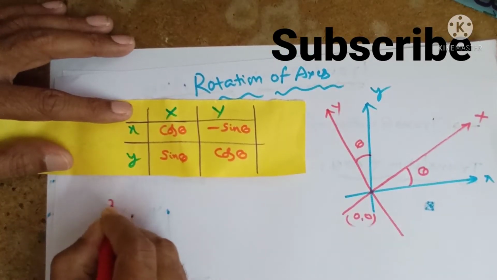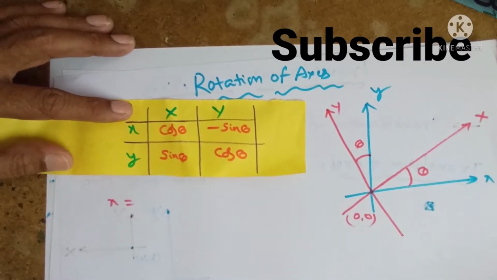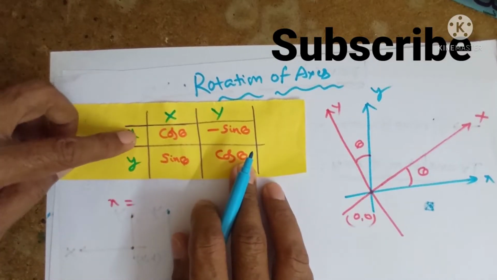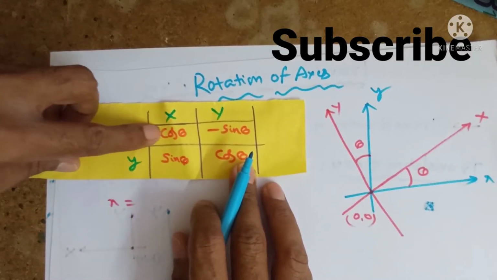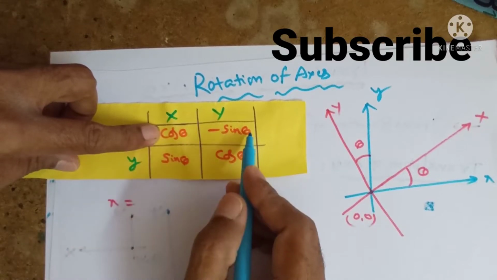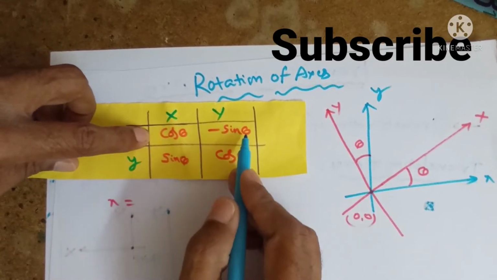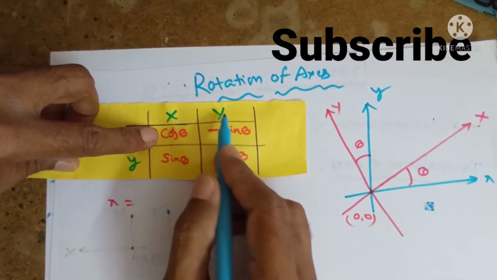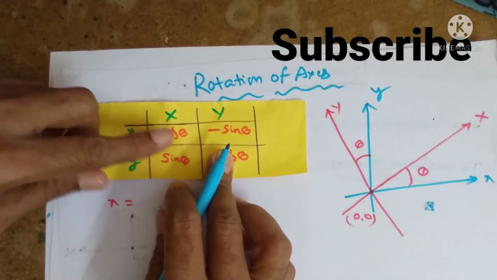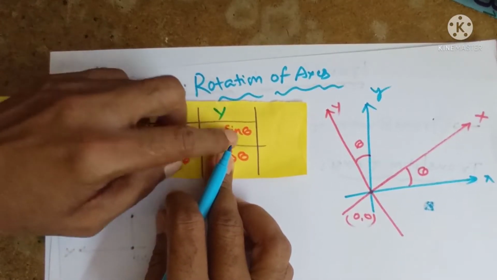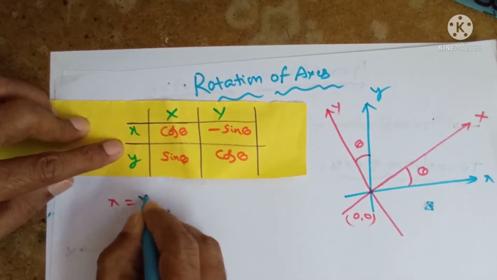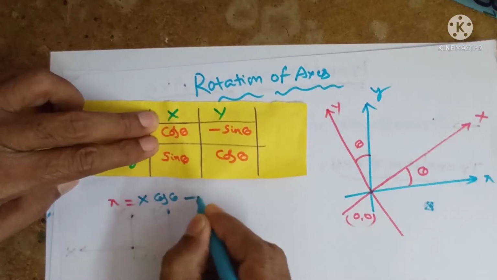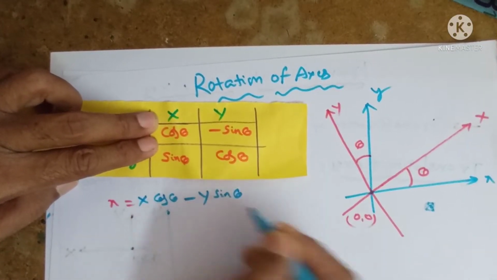See, this is very easy. Small x is equal to cos, minus sin, in the opposite: the cos multiplying with x plus sin multiplying with y. So here, multiplying with x and y: x into cos theta plus or minus y into sin theta.